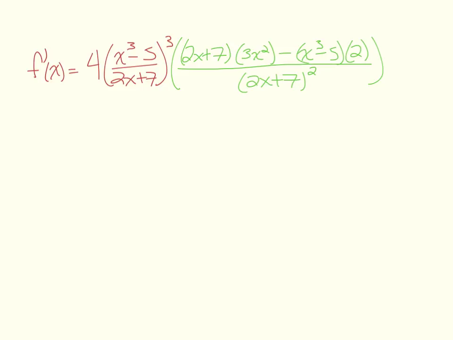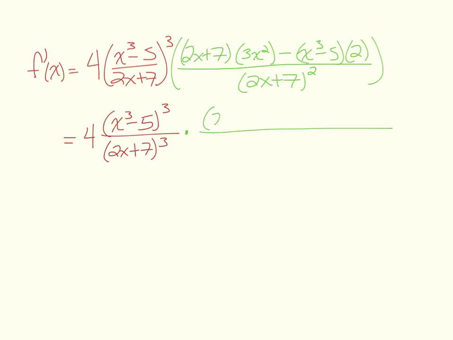In order to make this entire expression simpler, we can distribute the cube to the top and to the bottom of that fraction, giving us 4 times the quantity x cubed minus 5, cubed, over the quantity 2x plus 7, cubed, and we still have that multiplied by the 2x plus 7 times 3x squared minus x cubed minus 5 times 2, all over 2x plus 7, the quantity squared.